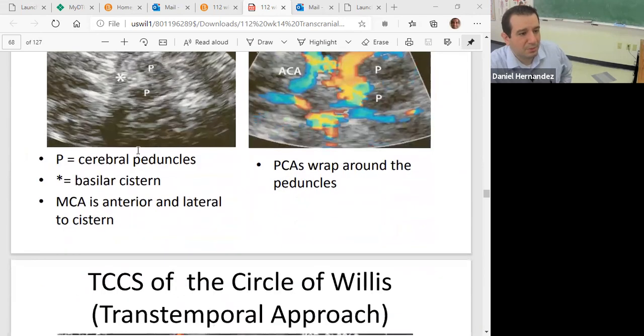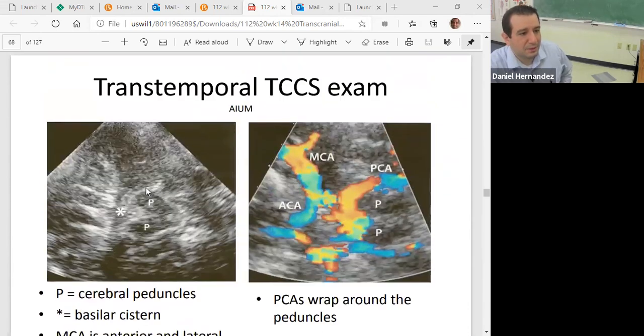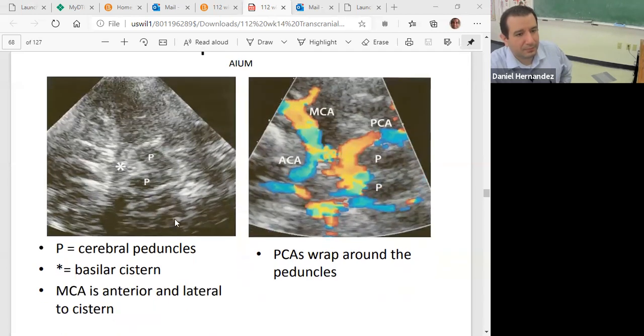This is a good example showing that hypoechoic butterfly that you're going to use as your landmark. And our middle cerebral artery coming towards us, anterior cerebral arteries, posterior cerebral arteries.